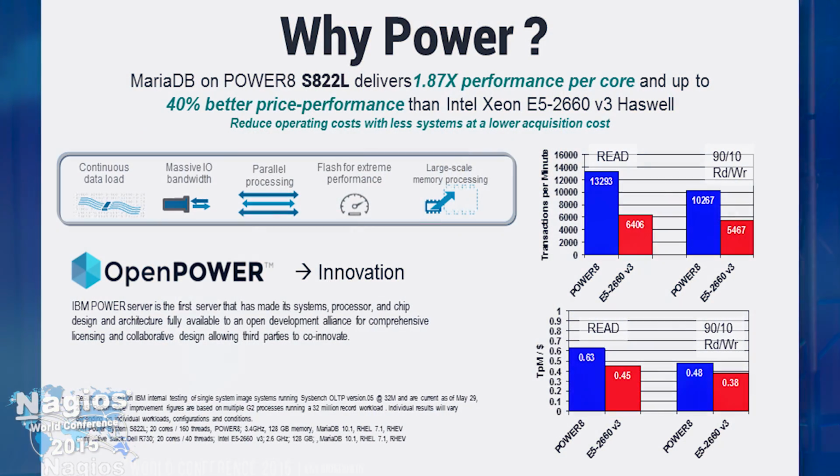So first off, why Power? Power is an architecture for processors. It is an alternative to Intel processors. I'm just going to go quickly over this because most of you may have already heard about it. The biggest difference with Power is the way it encodes data on the processor.